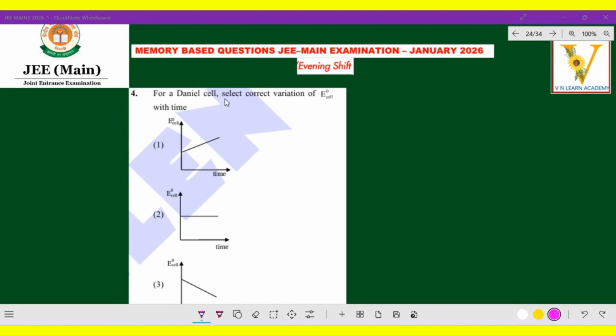The next question: for the Daniell cell, select the correct variation of E naught cell with time. See, generally for this question, E cell versus time and E naught cell versus time, the two things we can identify. So for E cell versus time, usually the slope will go downward. I'm talking about E cell, so the slope will go down.